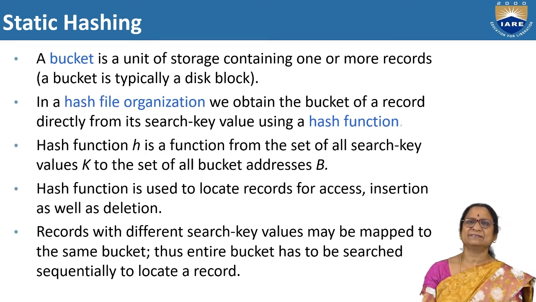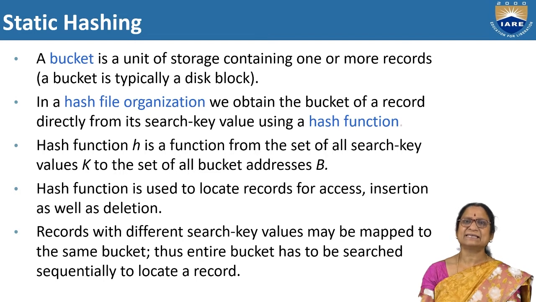V mod 5 is a hash function. V mod 5 means all remainders. What are the remainders we will get? 0, 1, 2, 3, 4. That means 5 remainders we will get. That means 5 buckets can be addressed. The address of each bucket is 0, 1, 2, 3, 4. Like that, 5 buckets are there.